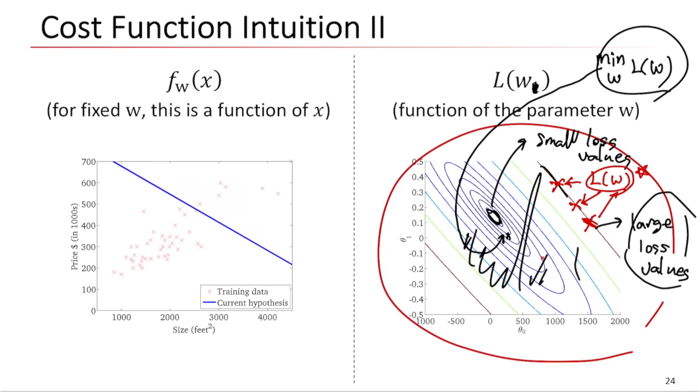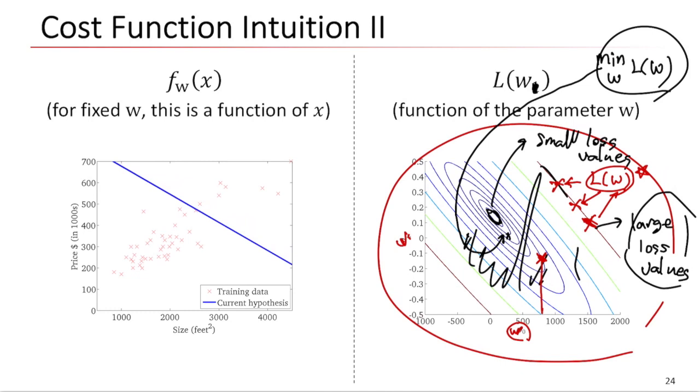Okay, so here's the example. If we just pick this point, it looks like the axes are W0, W1. Let's just think about W0 as theta 0 anyway.